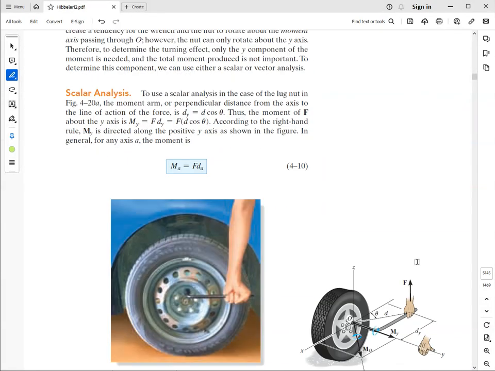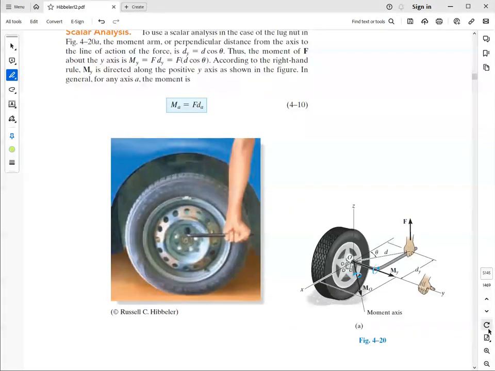All right. This is section 4.5, moment of a force about a specific axis. The book gives the example of an L-shaped wrench like this one. The real one, to loosen or tighten a car wheel, has this distance smaller.